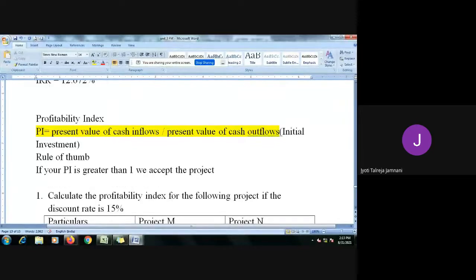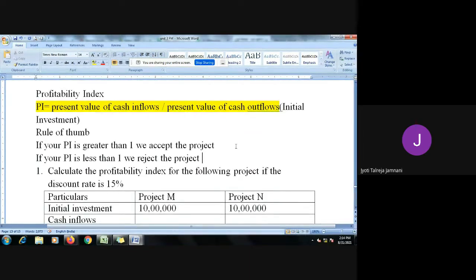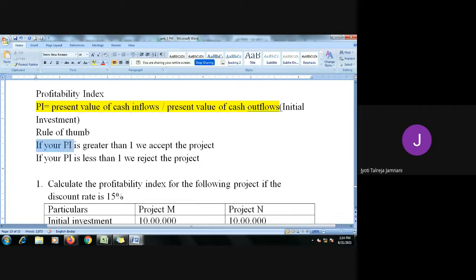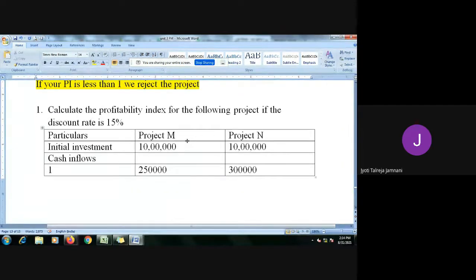If your PI is less than 1, we reject the project. So this is the rule that we have to remember and follow. Whatever answer you get, if it is greater than 1, the project is beneficial, we accept it. And if it is less than 1, we reject it. So using this rule of thumb, we need to decide whether we are going to accept a particular project or not. Let's start with the first problem.